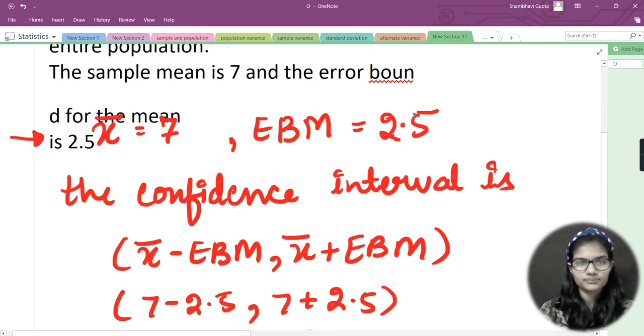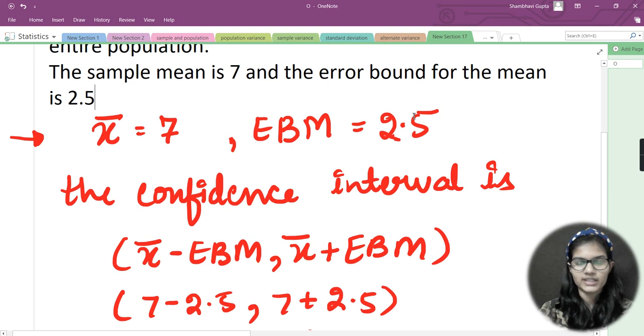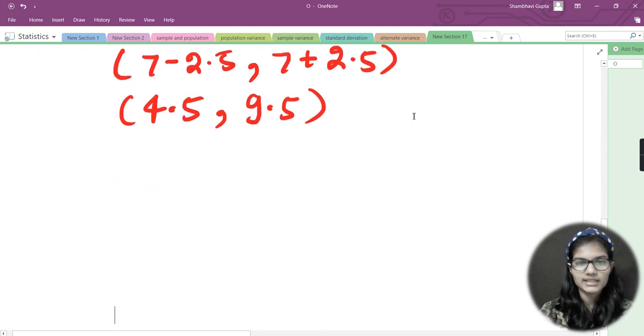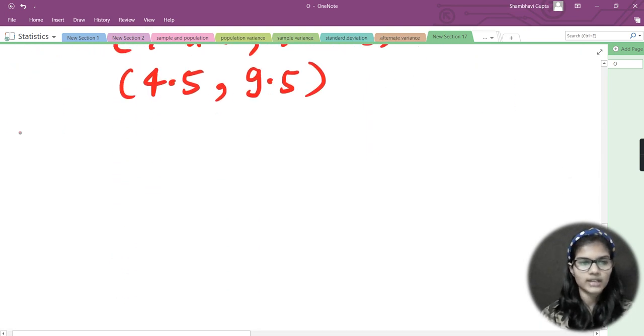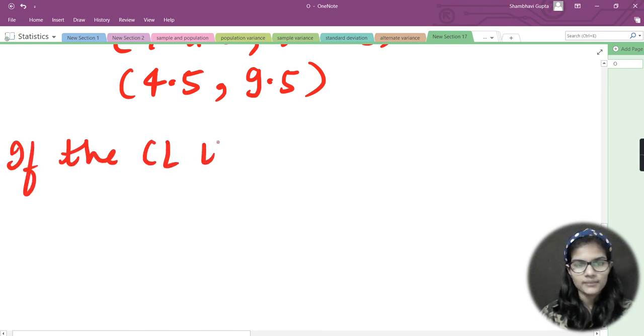Now from here we can conclude one thing, and please listen carefully, because this is the most important part.